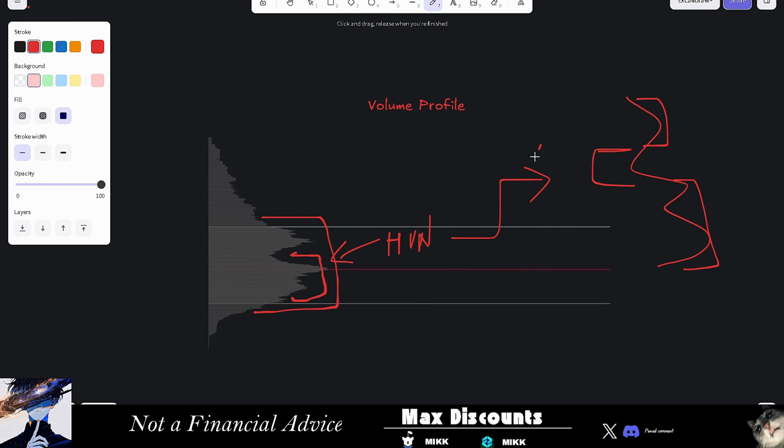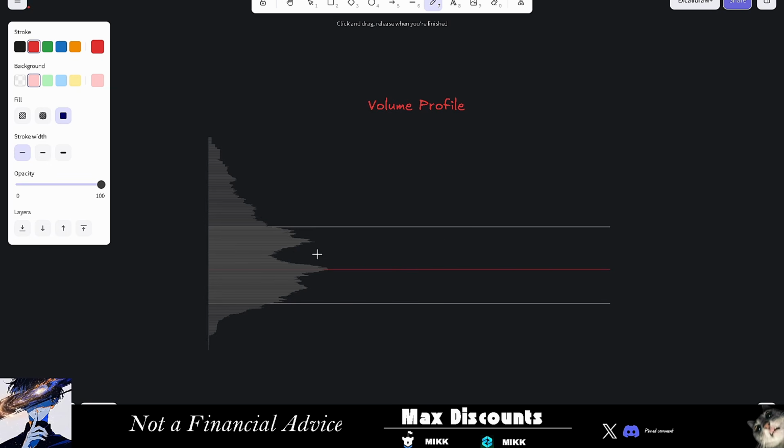Now, in this profile, the lower valley structure is a low volume node, and the high mountain structure, this, this, this, is a high volume node. Same in this profile. If we see, this is a high volume node, and this is also a high volume node. Now you see the small valley structure here, and here. This is the low volume node.